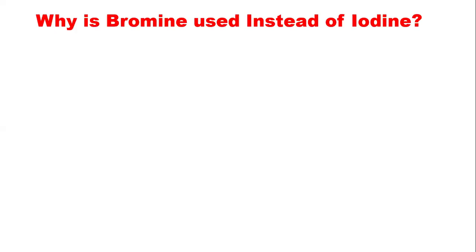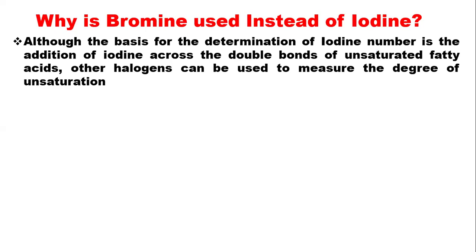Now we see determination of iodine number, but in the experiment, bromine is used instead of iodine. So why do you think bromine is used instead of iodine? The basis for the determination of iodine number is the addition of iodine across the double bonds of unsaturated fatty acids, but other halogens, group 7 in the periodic table, can be used to measure the degree of unsaturation.